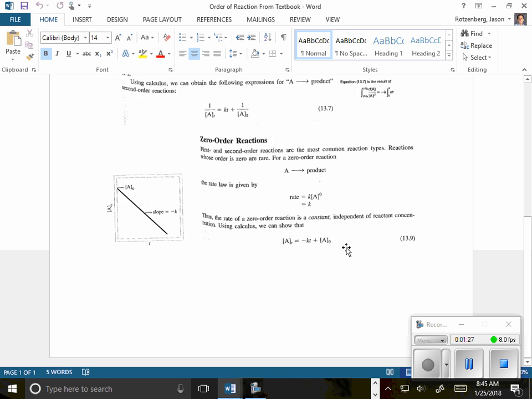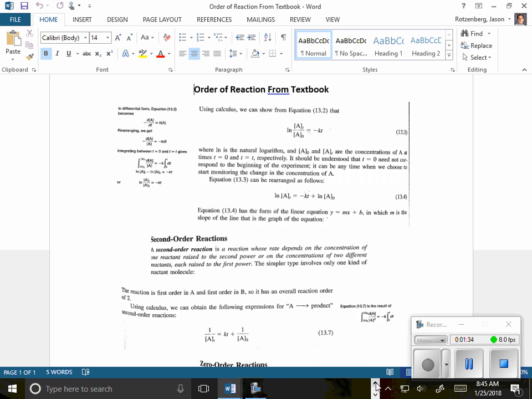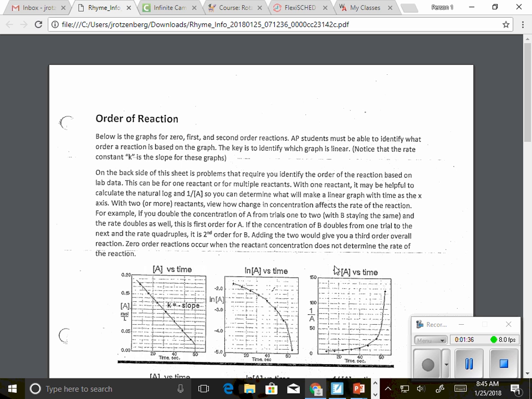They were ones that students had to simply plug into and solve for something. That is something that the College Board wanted to get away from, and they wanted to move more into figuring things out based upon analyzing data.